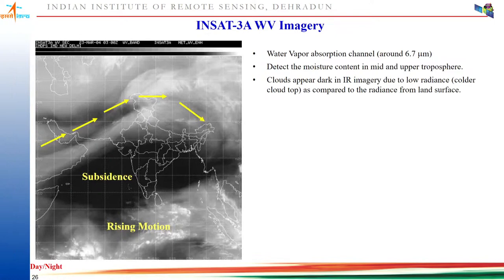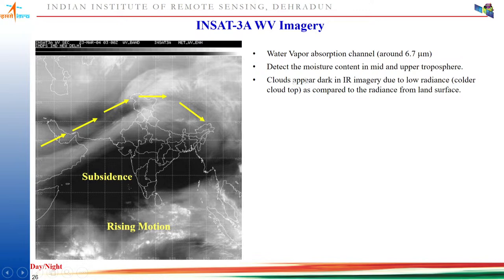Now the third imagery is the water vapor. So water vapor is around 6.7, that is 5 to 7 micrometer. This is an absorption channel at 6.7 micron. So it detects the moisture content in the middle and upper troposphere, and clouds appear dark.